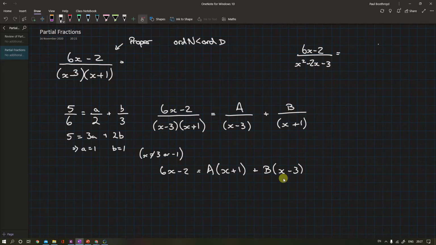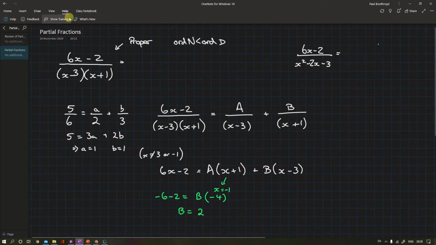One of the techniques they're talking about, the substitution method, is if I was to choose a value that would make one of these two terms disappear, so x equals minus 1, I could chuck that into these formulae and I get minus 6 minus 2. That term has disappeared, and I get plus b times minus 4, so minus 8 equals minus 4b. That means that b must be 2.